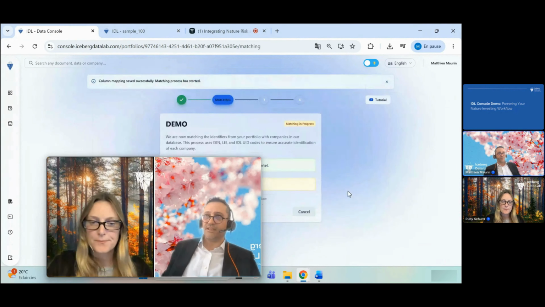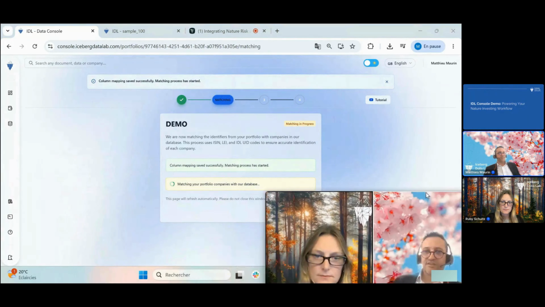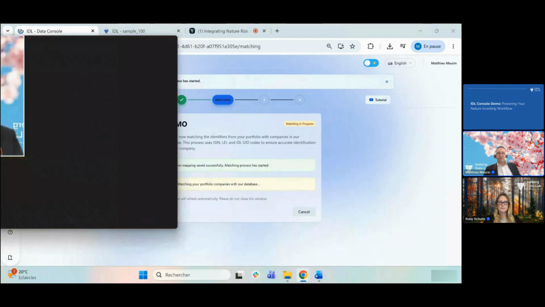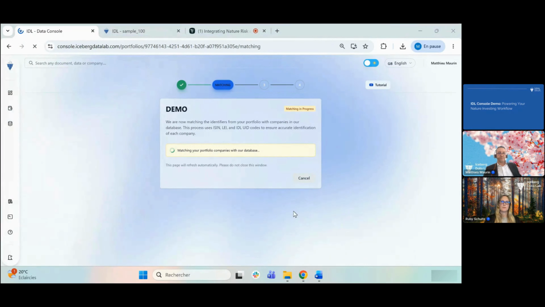We are using here a nomenclature named NAS Plus because it is an open source nomenclature which is equivalent to NACE level 1. So it is matching all the ISIN with our database.